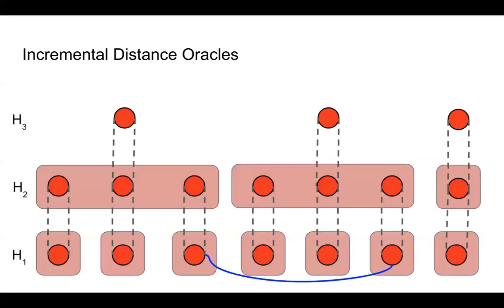I have a small illustration. So let's say you have this edge here between the two clusters in H1. You would project it up between these two clusters, and then between these two vertices in H3. So this is just like in the static case. For each edge that you have in H1, you would generate an edge in H2, and for each edge in H2, you would generate an edge in H3.